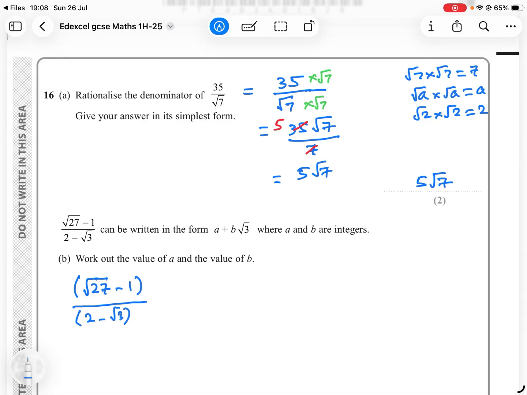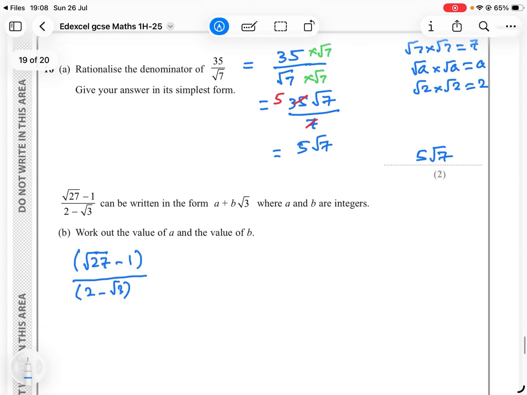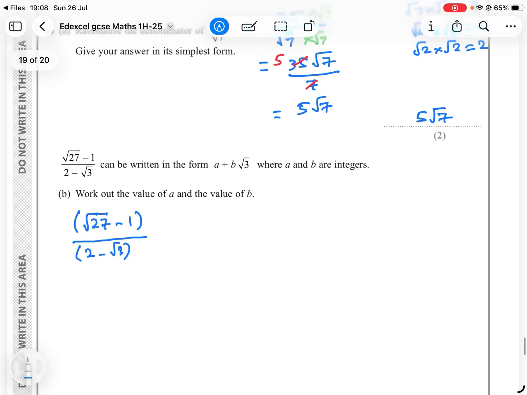You have to rationalize it because 2 minus root 3 is an irrational number. So what you have to do, you have to follow this rule. A minus B times A plus B is always A squared minus B squared.